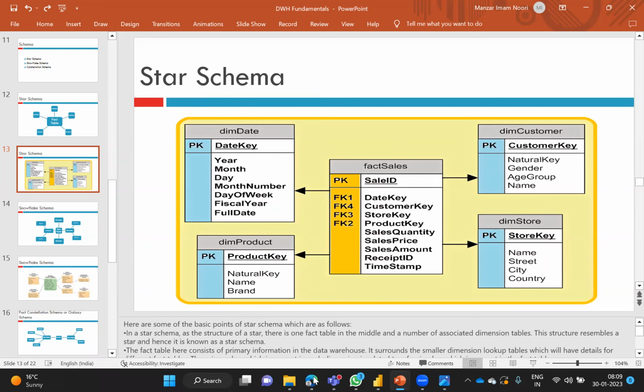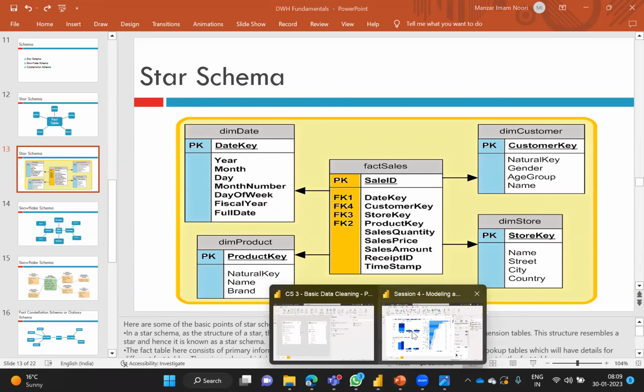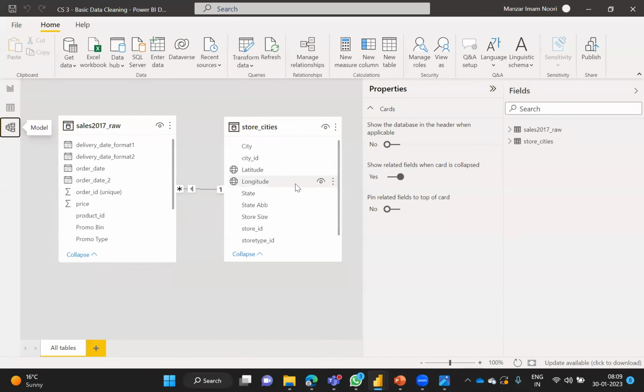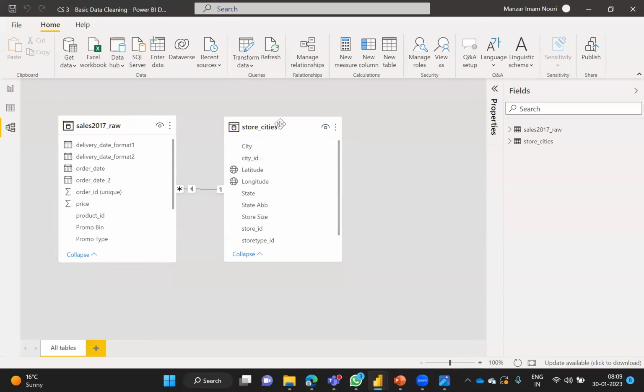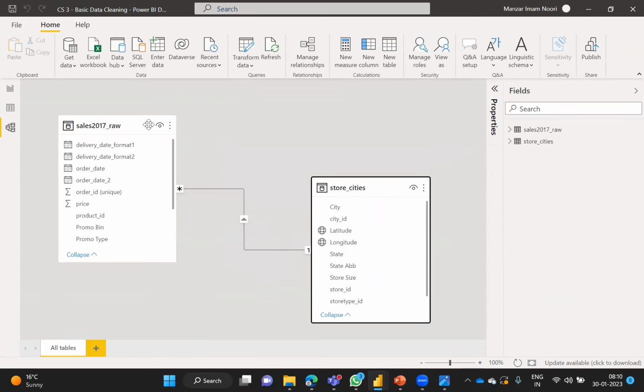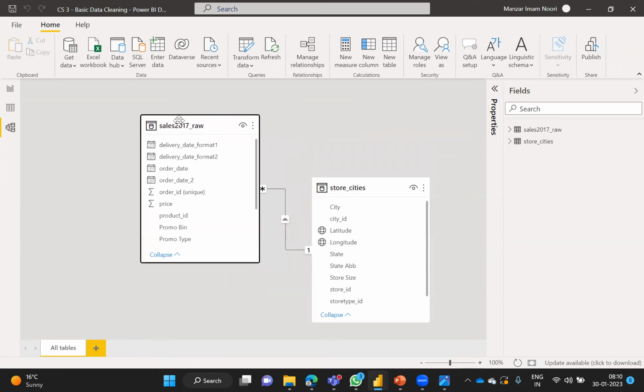And here also, in our case, when we are building our model, you can see that this is the dimension and this is the fact table. This fact table is the orders information.